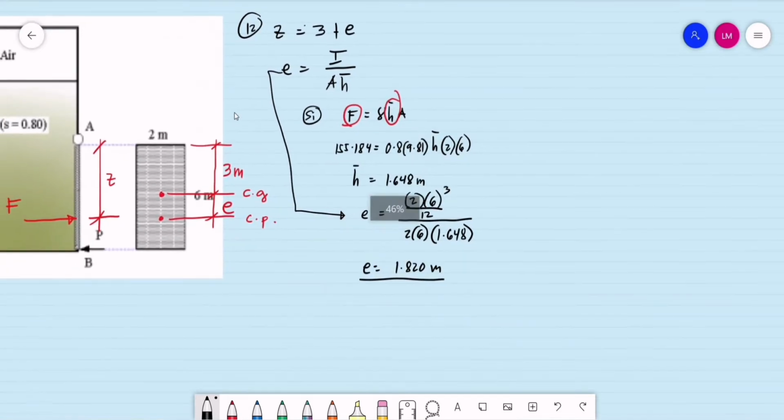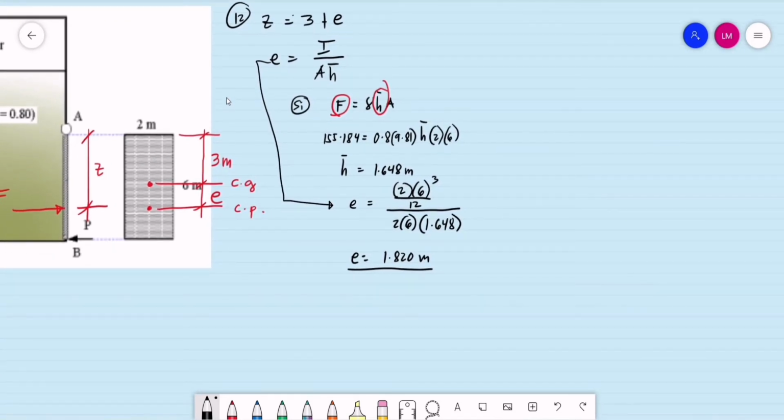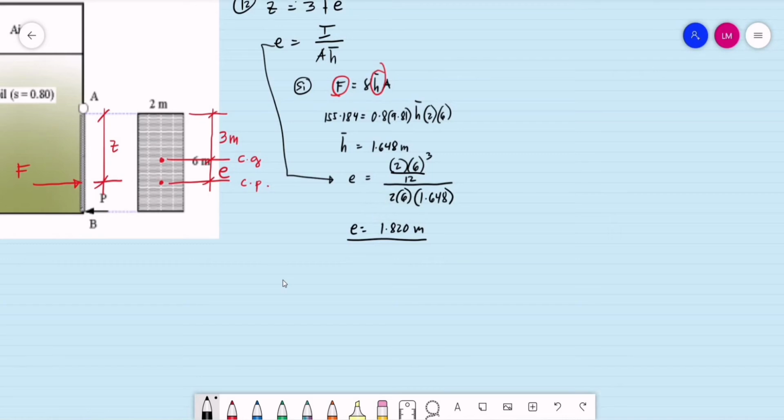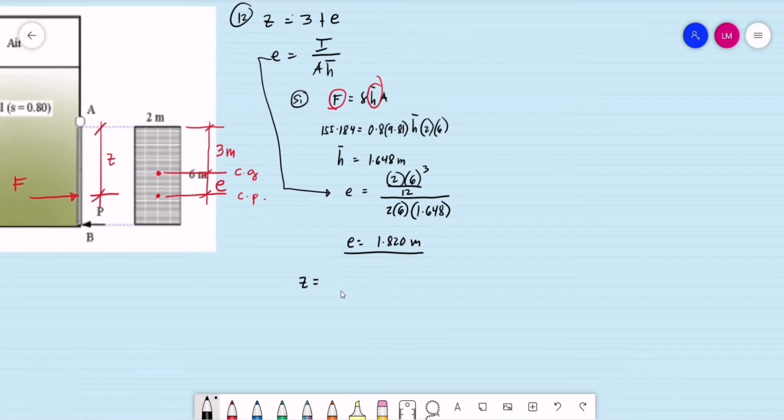So ang hinahanap natin dito na distance Z, the distance from point A to the point of action of the force, or that is the center of pressure, the value of Z is equal to yung mid-height ng gate na 3 meters, plus yung eccentricity na 1.82 meters. So, a total of 4.820 meters, sagot natin sa number 12.